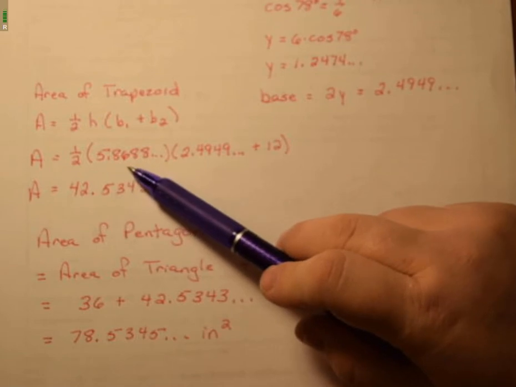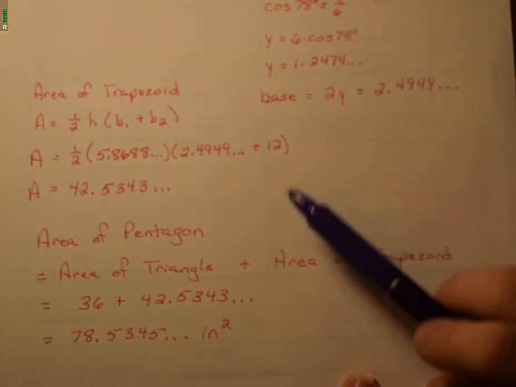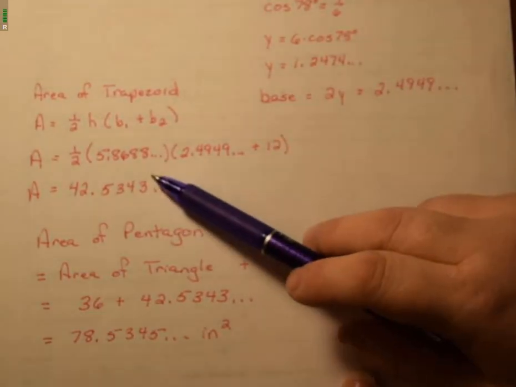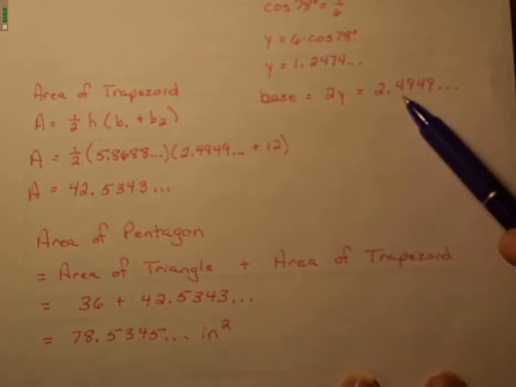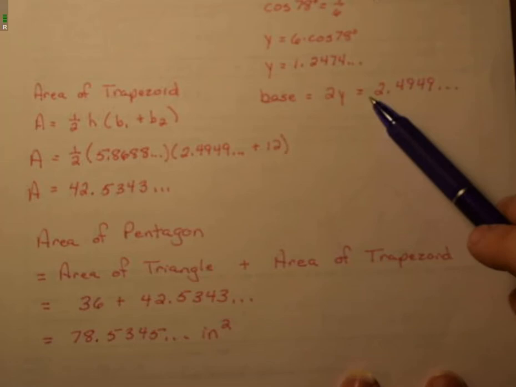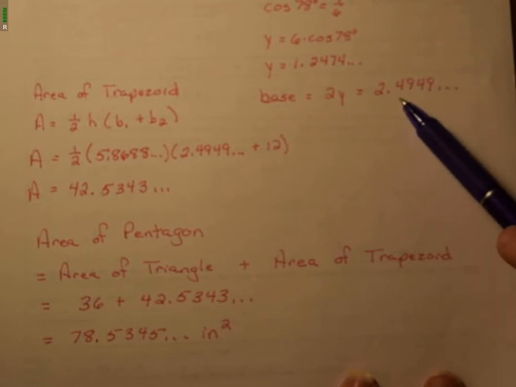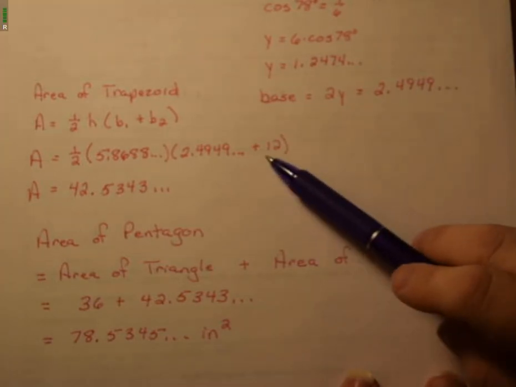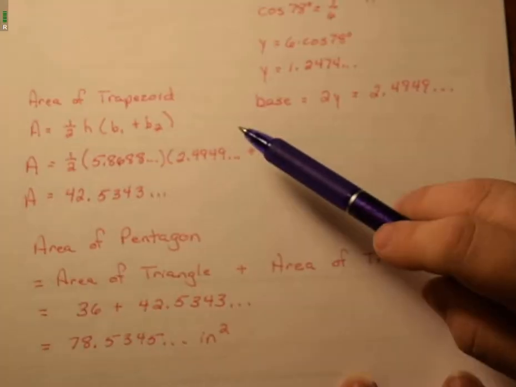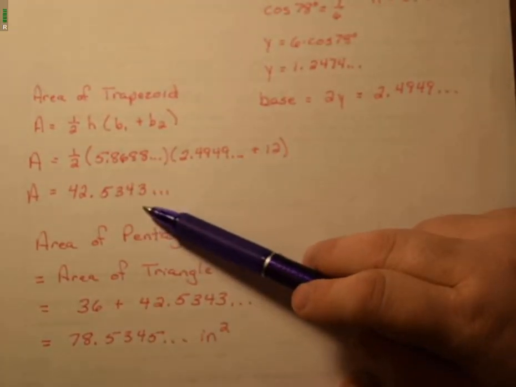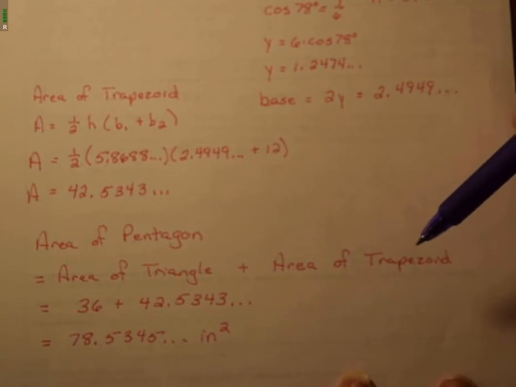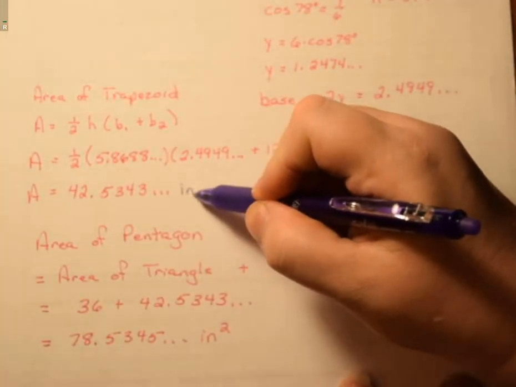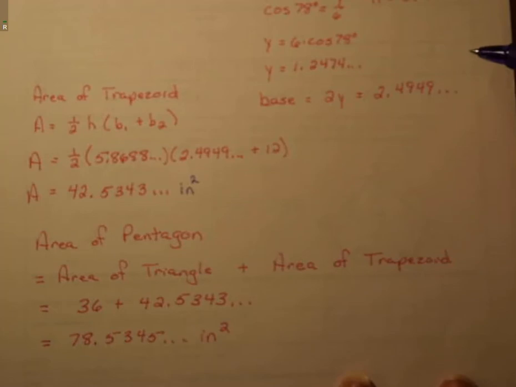So 1/2 the height that we just found, 5.8688, times the smaller base, which is the 2.49 number, plus the longer base, 12. Type that all in the calculator and we get 42.51348 and so on square inches.